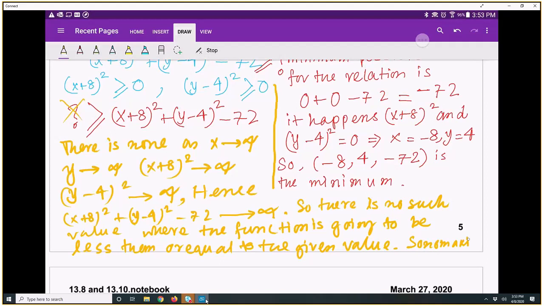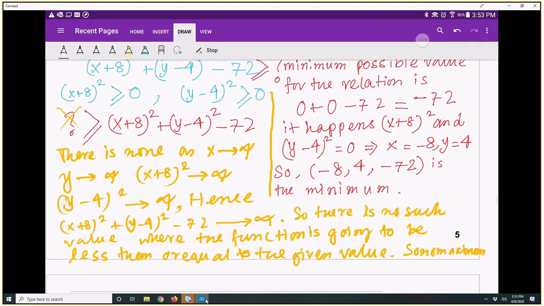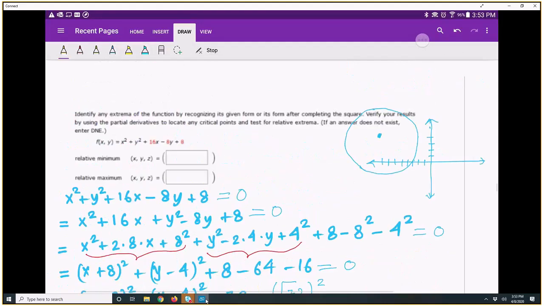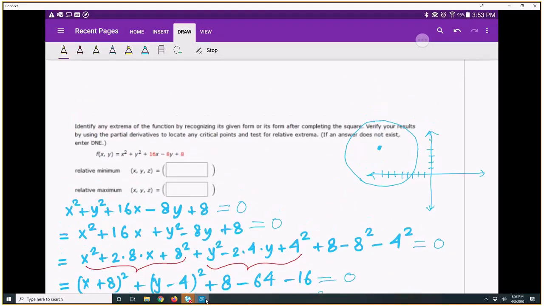So what I'm going to do now, I'm going to go back to the problem and read the rest of the problem. We are done with the first part of the problem, but the problem is now telling me verify your results by using the partial derivative to locate any critical point and test for relative extrema.